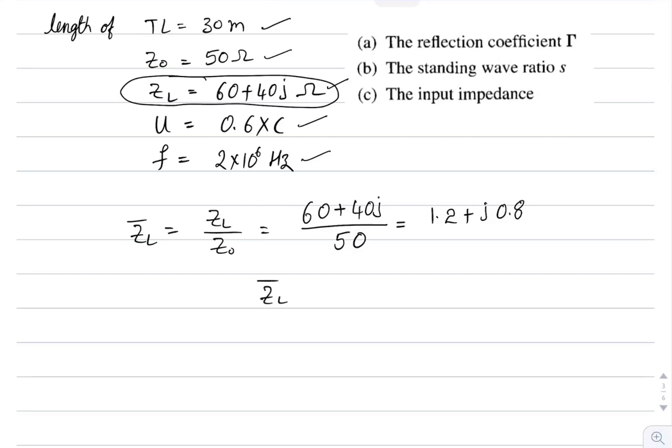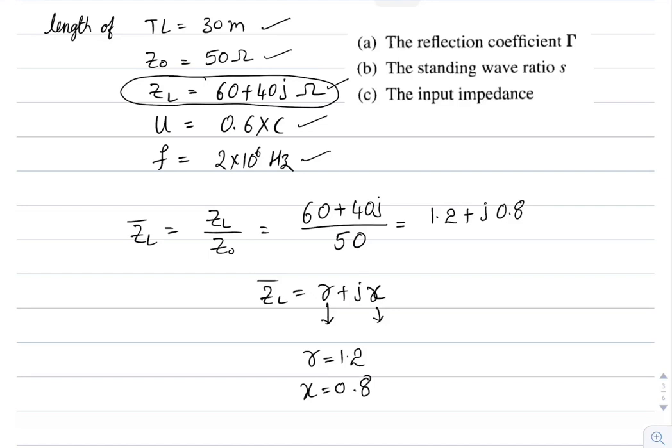This normalized load is equal to r plus jx, where r is the normalized resistance and x is the normalized reactance. Therefore, in our case, the r value is 1.2 and the x value is 0.8.